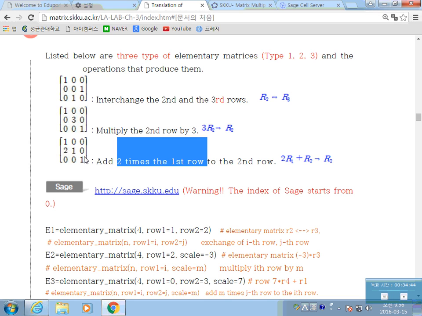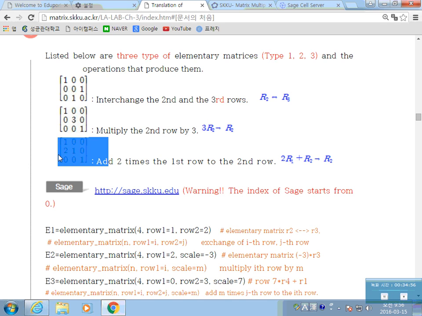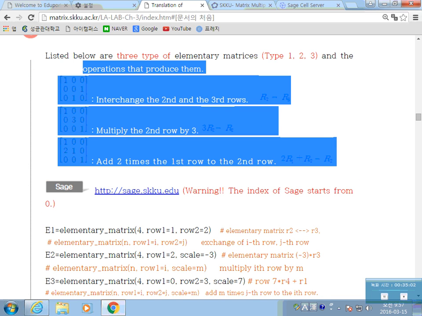If you take the identity matrix, multiply 2 on the first row and add it to the second row, then you have this matrix. This is a third type elementary matrix. Basically, these are all the types of elementary operations that you have and can use.